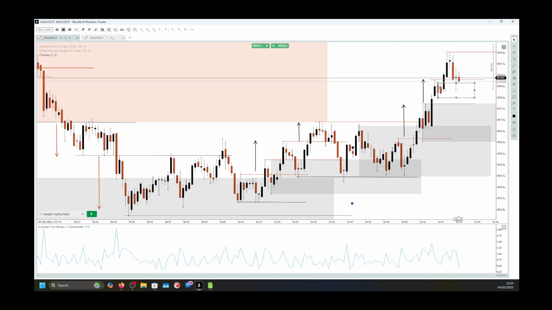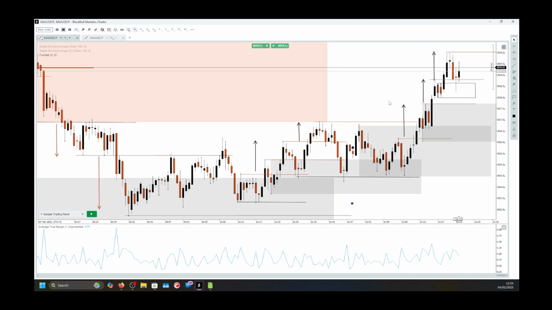See, there's just those two bearish candles there. So, price doesn't always move as cleanly as what it's doing at the moment.